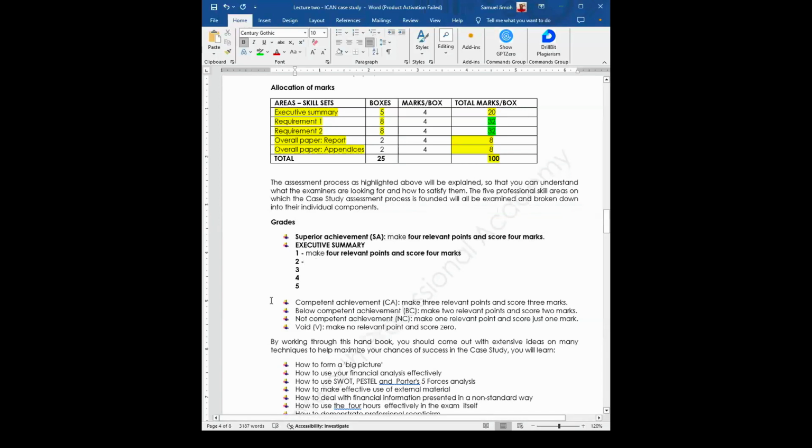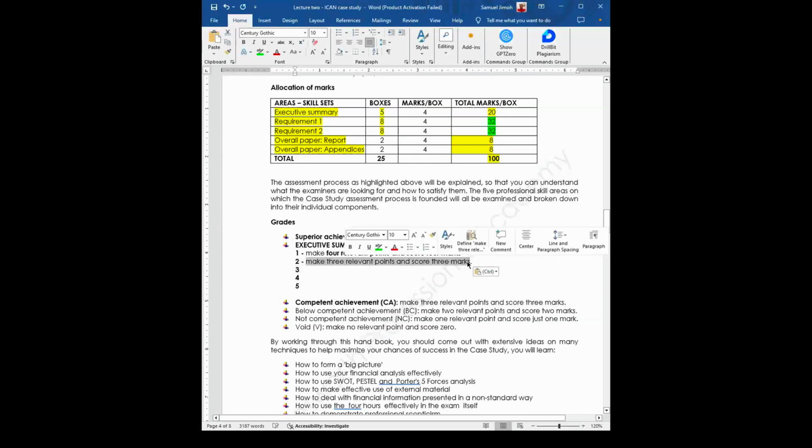The next one is competent achievement. What competent achievement is saying is that the candidate, though he made so many remarks or comments, only 3 of these comments are relevant to the case. And as such, that candidate will only get 3 marks under skill 2 of this executive summary.